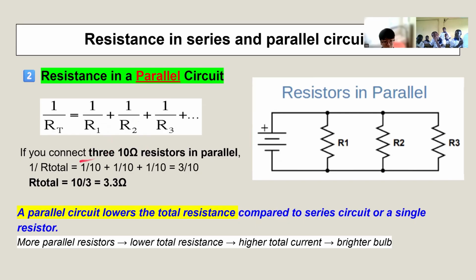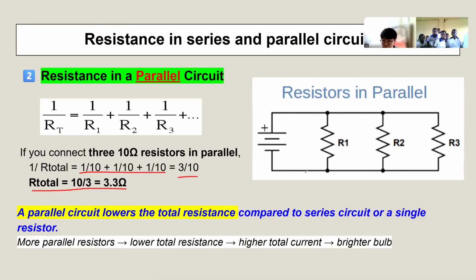It's a fraction now. But what this tells us is that if you have 10 ohm resistors in parallel, it's just 1 over 10 plus 1 over 10 plus 1 over 10, which is 3 over 10. That is 1 over our total. So the total resistance, if you flip this, would be 10 over 3, or 3.3 ohms. That's how you calculate the resistance in a parallel circuit.